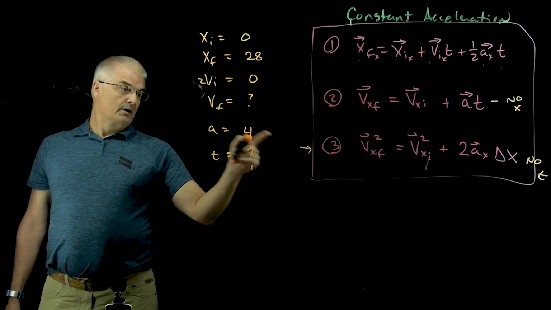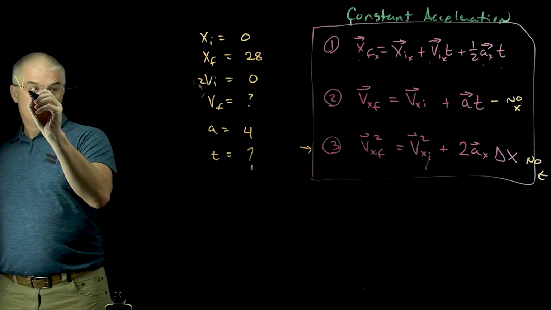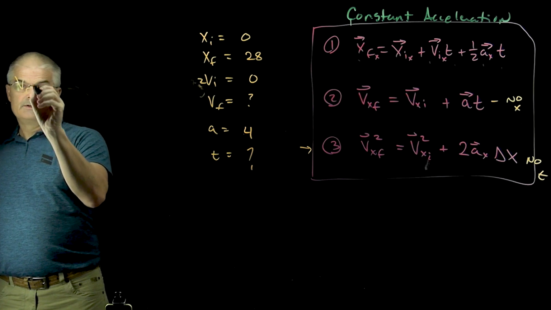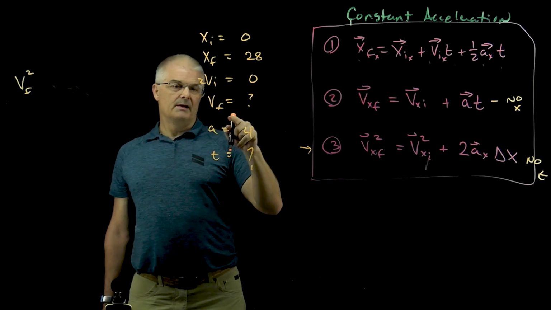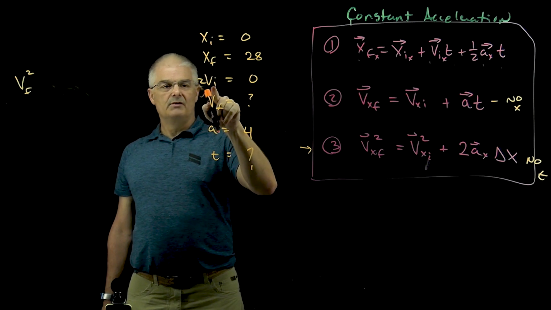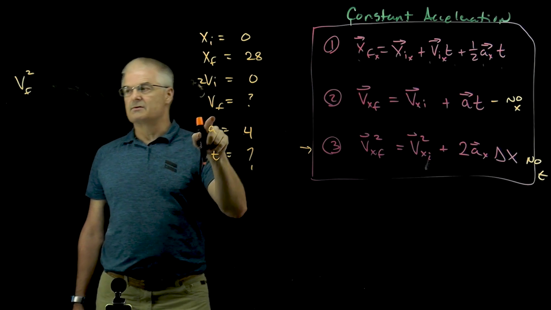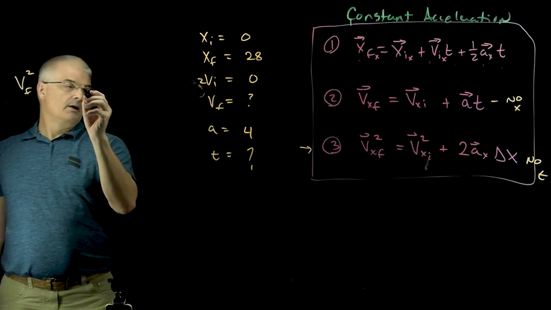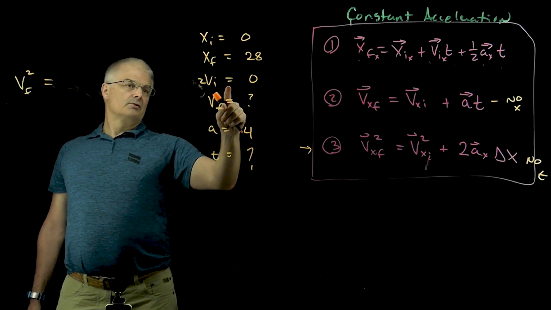And so we're going to say v final squared. Sometimes I just call this v1 and this v2. The initial is the first instance, and this is v2. So v2 squared equals v1 squared, the initial is 0.